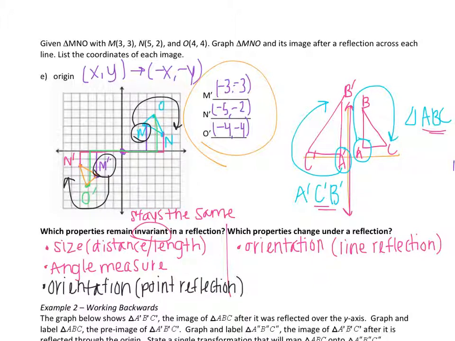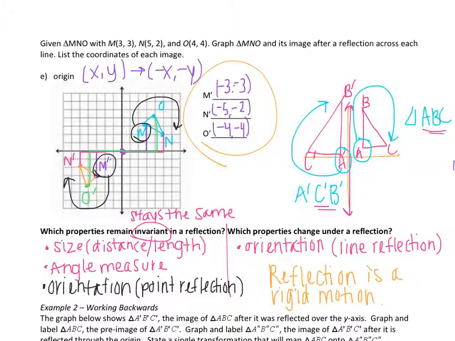So it's important to recognize here that because the size stayed the same, reflection, no matter what type, line or point, is a rigid motion. And this is just because it preserves distance.